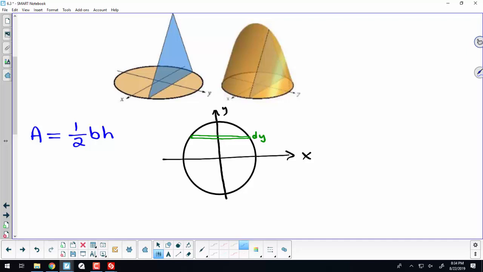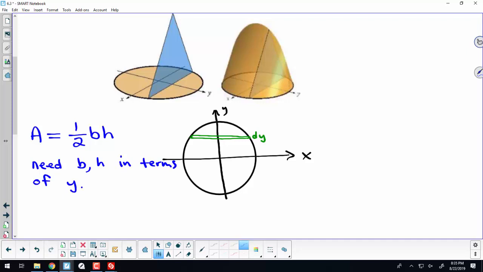What do I have to do here now with this 1/2 base times height? We have to have a base and a height that are in terms of y. Yeah. So we need b and h in terms of y.